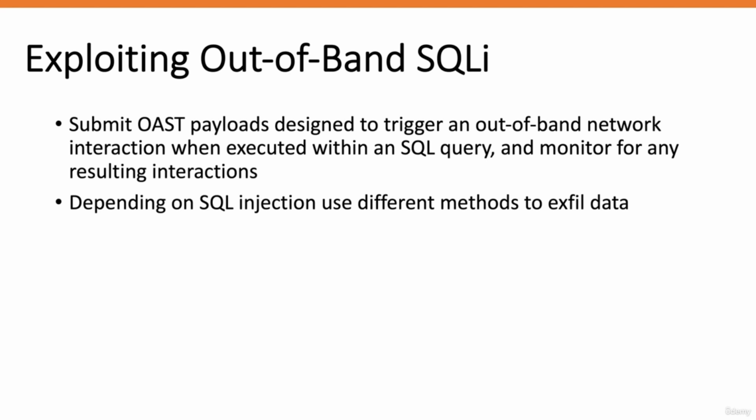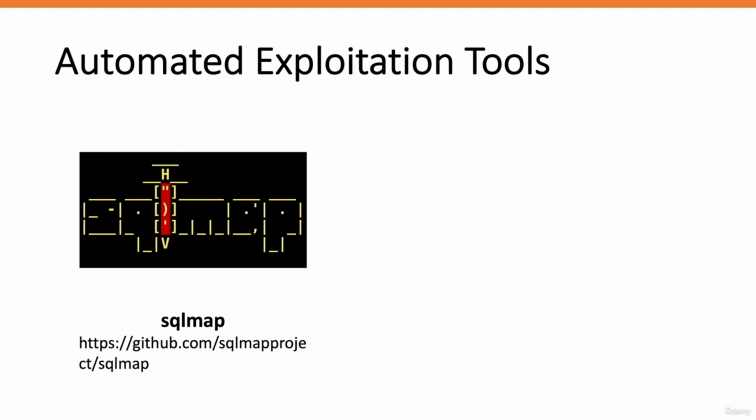Okay, I didn't want to end this section without talking about automated exploitation tools. So one of the famous ones, and it's open source, is SQLMap. It's a tool that is used to find SQL injection vulnerabilities. It's very, very powerful, and it's very customizable in the sense that you select what parameters you could inject.